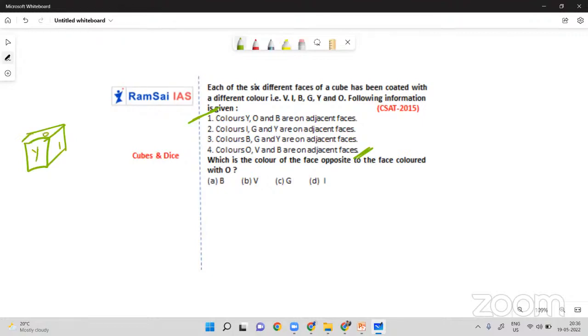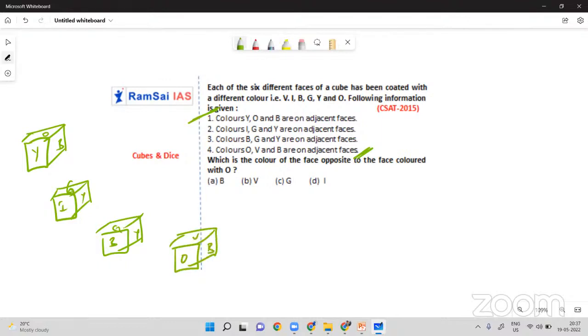Y, O, B. Next, I, G, Y. Next, B, G, Y. And next, O, V, B. Perfect. What is opposite of O?